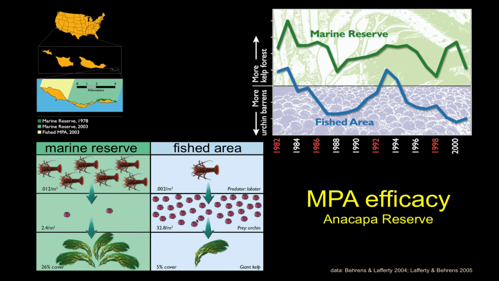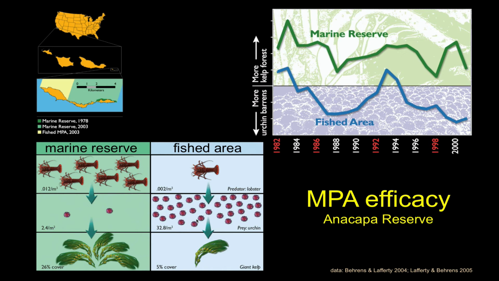On the left is the illustration inside the typical marine reserve condition, which is we're not allowed to fish the lobster. And so the lobster can be abundant, and the lobster can keep the urchin populations in check. And those urchin populations in check, therefore, allow there to be relatively abundant kelp and relatively diverse reef systems.